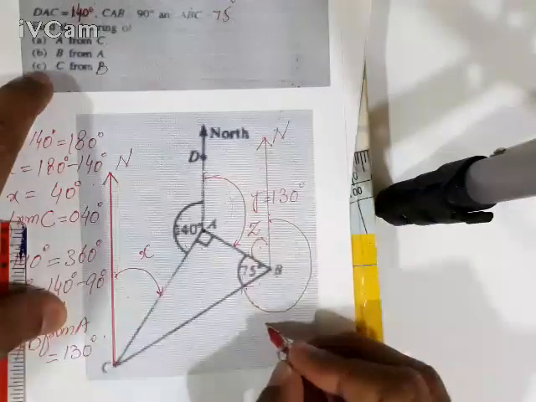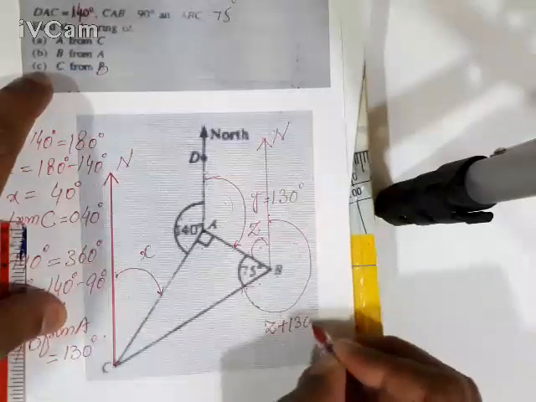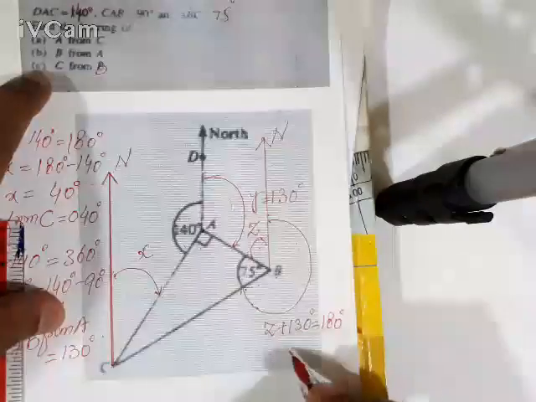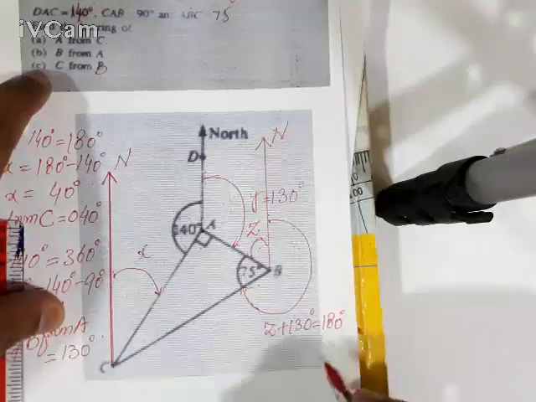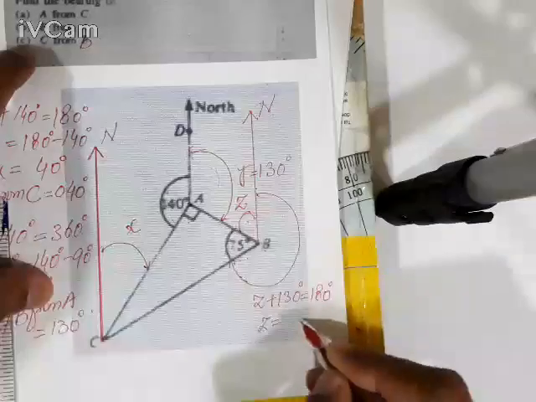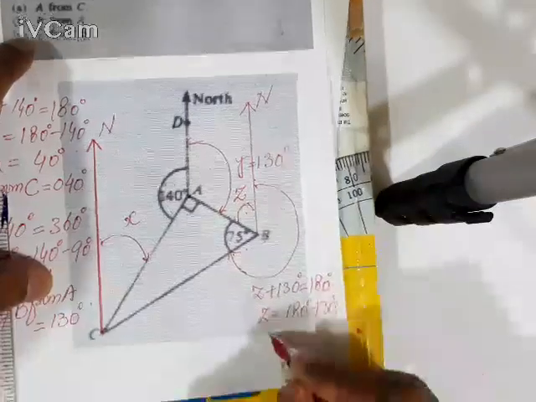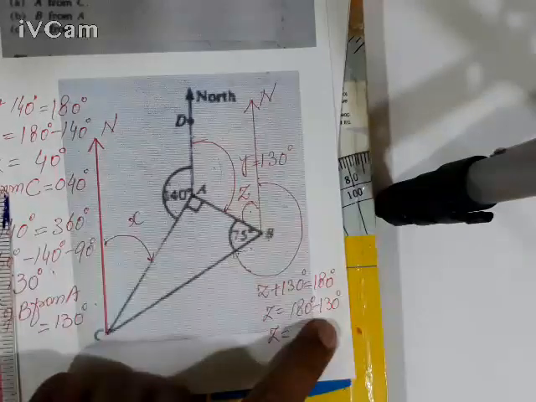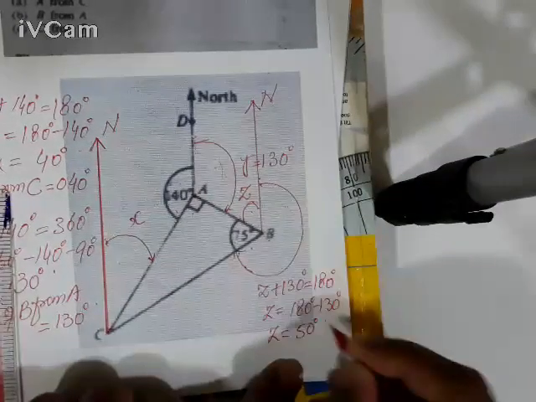So we have to calculate Z plus 130 degrees is equal to 180 degrees. So again we are applying the property that the sum of interior angles is equal to 180 degrees. So Z is equal to 180 degrees minus 130 degrees. Now we subtract 130 from 180 and we have 50 degrees.